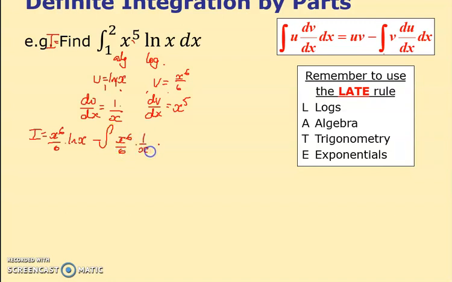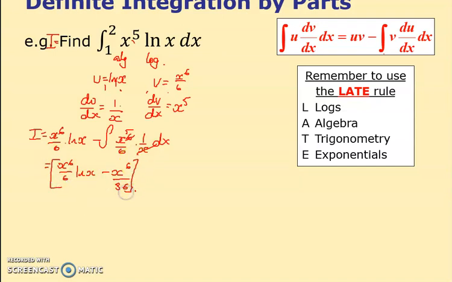And notice this becomes x to the 6 over 6 log x. And this kind of cancels, it becomes x to the 5 over 6. Now, the formula said add a power, I integrate, divide by the power. It's already over 6, divide by another 6 is 36. That would be the answer, apart from this definite integration again.